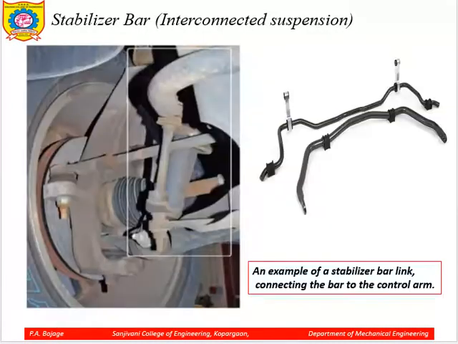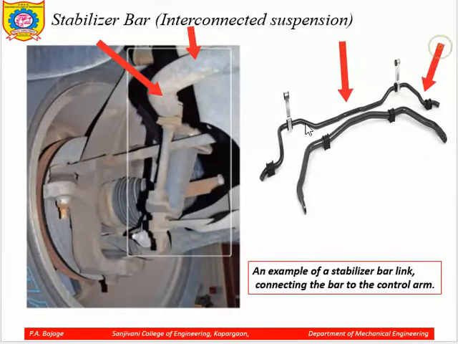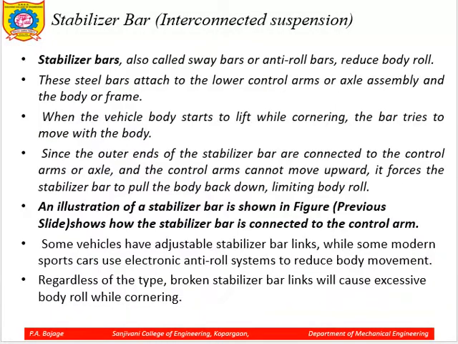So, in this diagram you can see the stabilizer bar. The same thing is shown here. Here you can see the stabilizer bars which are connected at both the sides, and it is generally connected to this control arm. You can see this is the control arm at the bottom. So, all these points we have already discussed here.